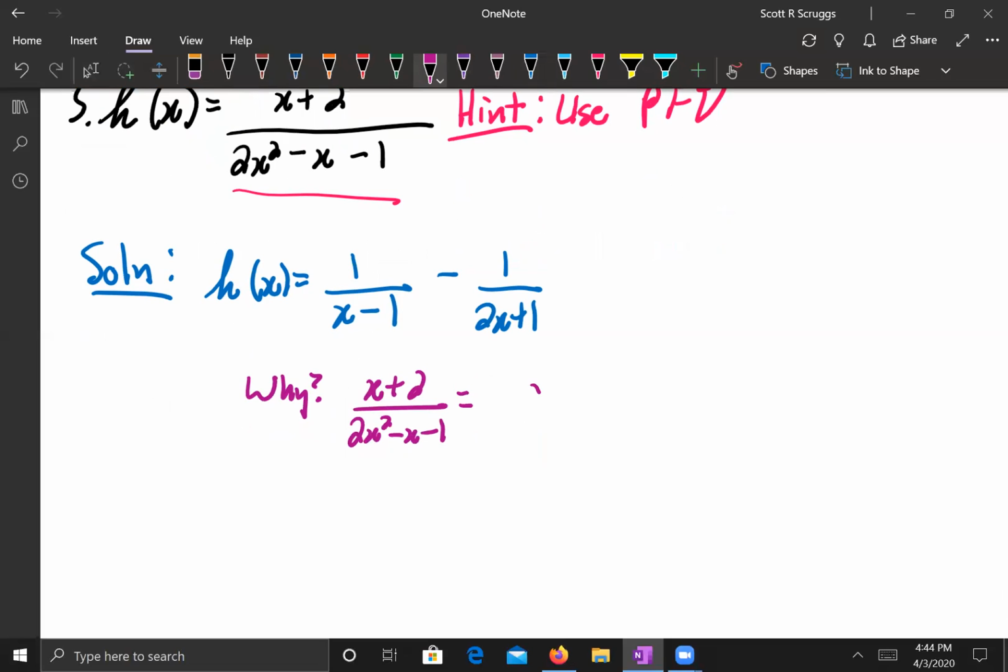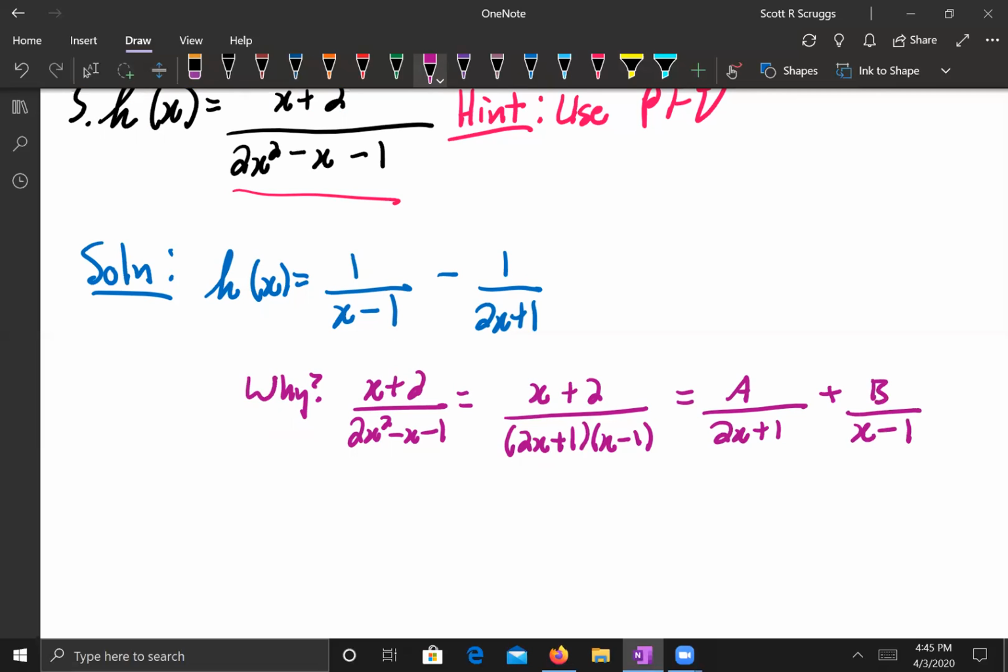If you factor out the denominator, you get 2x plus 1 times x minus 1, which means a over 2x plus 1, because they're both linear, plus b over x minus 1, which means after combining you get a times x minus 1 plus b times 2x plus 1 over 2x plus 1 times x minus 1.